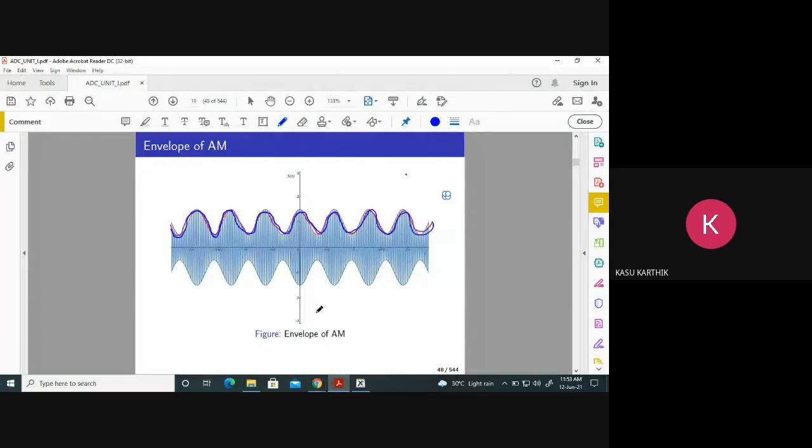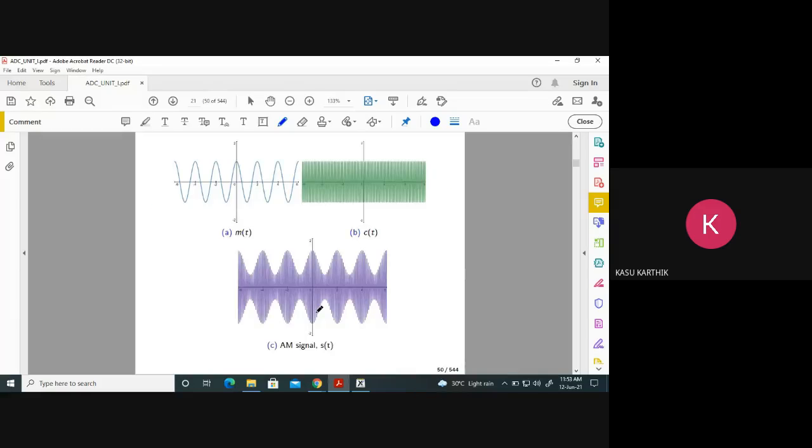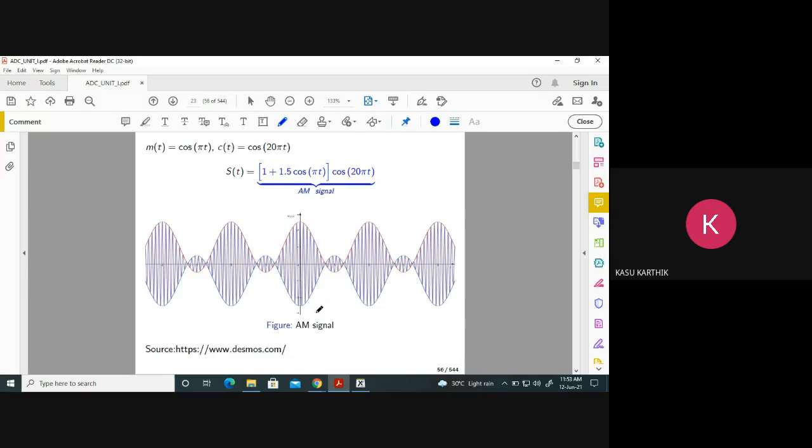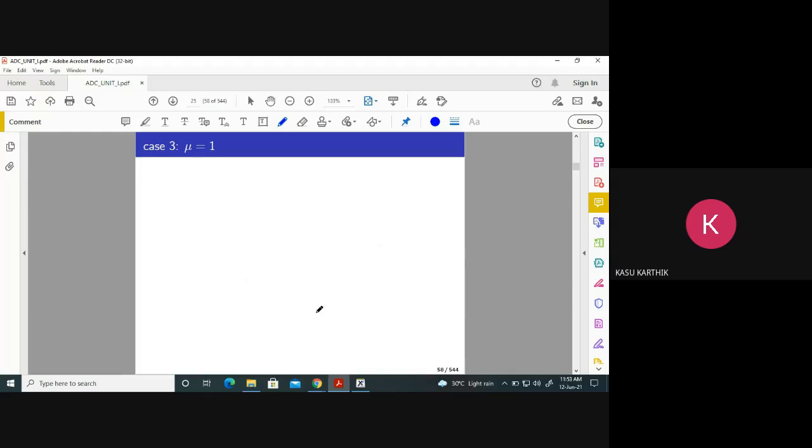Now I will ask you, if mu equal to 1, what happens? Do it. Case 3. You do it on your own, make it fast. Mu equal to 1, draw the waveform, draw the envelope.